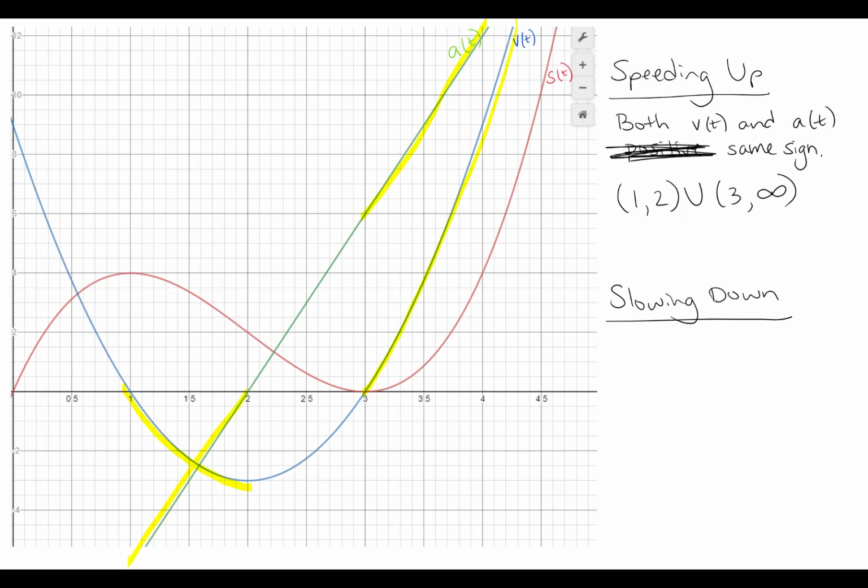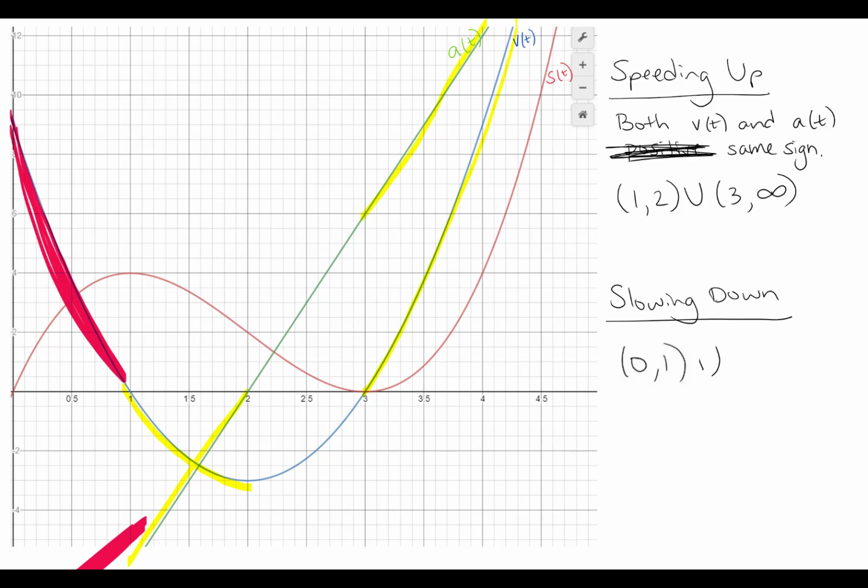And we can see that happening from 0 to 1. My velocity is positive, and my acceleration, although it's off the screen, I can see it's continuing in those negative values. So from the interval 0 to 1 here, we are slowing down.